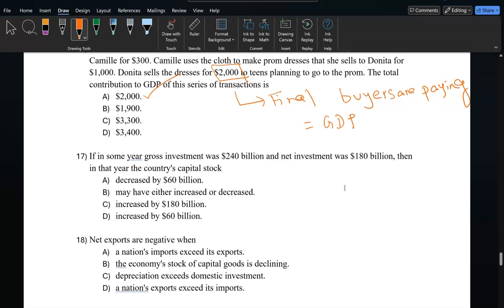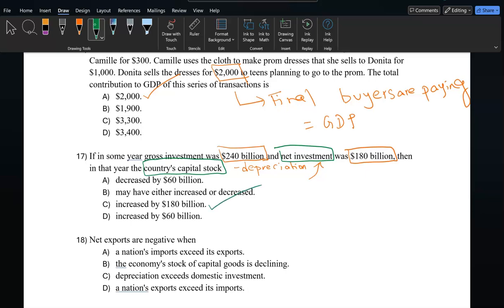Question 17. This one says gross investment was 40 billion and net investment was 180. From gross investment, if we subtract depreciation, we are going to end up with net investment. And the country's capital stock, this is the same as the net investment.